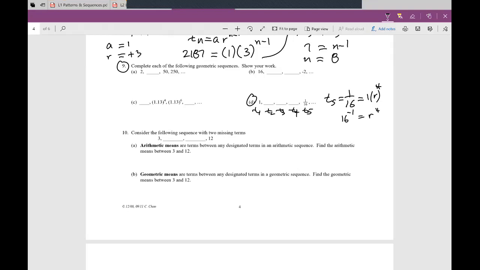And then we want to get the same bases. And I think we can do 4 squared to the negative 1, which equals r to the 4. And some of you are knowing what I'm trying to do.